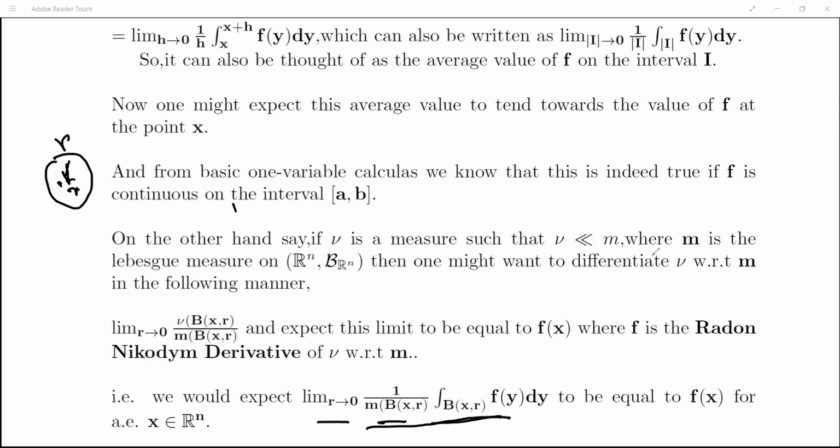That is the main goal of this presentation, how to do this. Again, for a continuous function, this is obvious as before. For a continuous function, there is no question about it: this limit will be equal to f(x) for every x, which is even better.